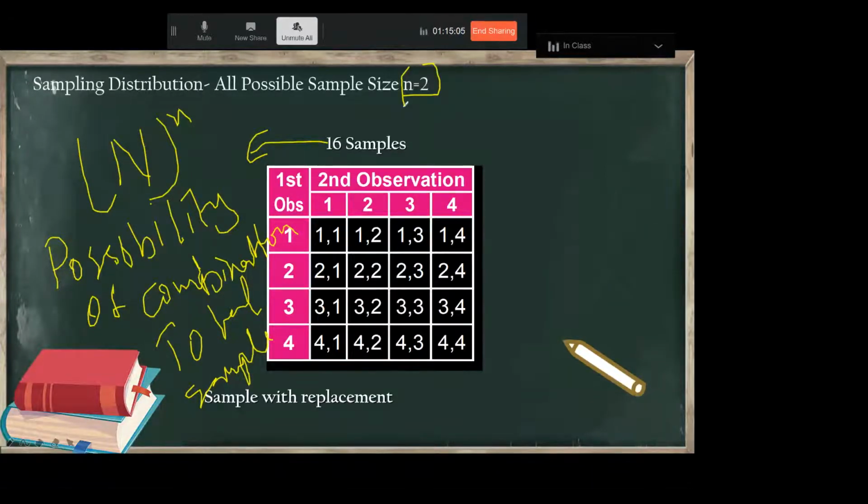So don't confuse it. This is not population. This is a sample statistic. Now, we know here n is 4. So 4 power 2 is 16. That's how we get it.